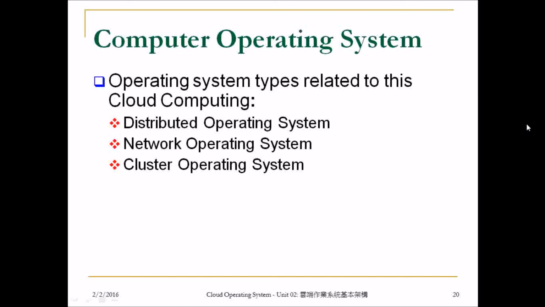The third is the cluster operating system, to manage a cluster or some computing resource and merge as one computing resource pool. The cloud operating system is similar to the traditional computer operation system.